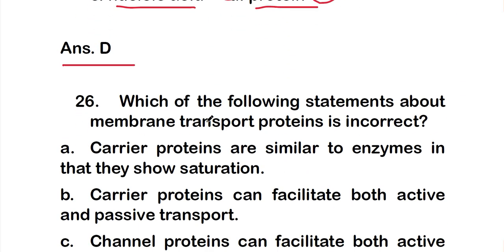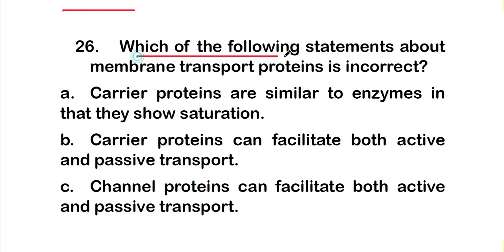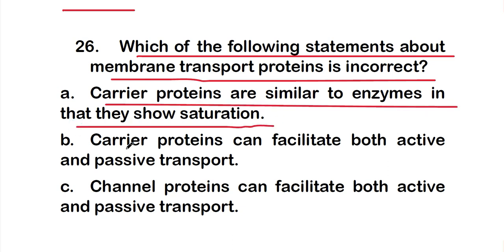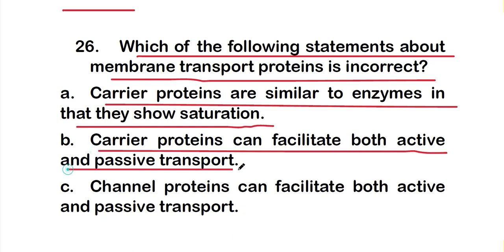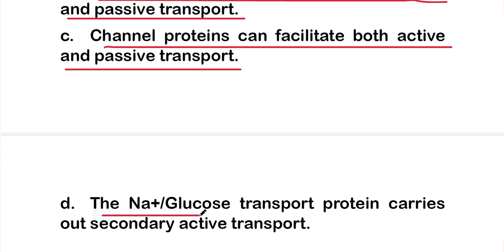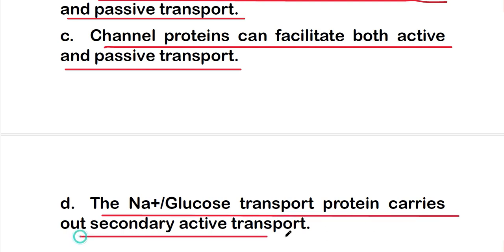Okay, so next question. Next is question number 26. Which of the following statements about membrane transport proteins is incorrect? The options are option A, carrier proteins are similar to enzymes in that they show saturation, or option B, carrier proteins can facilitate both active and passive transport, or option C, channel proteins can facilitate both active and passive transport, or option D, the Na plus/glucose transport protein carries out secondary active transport.